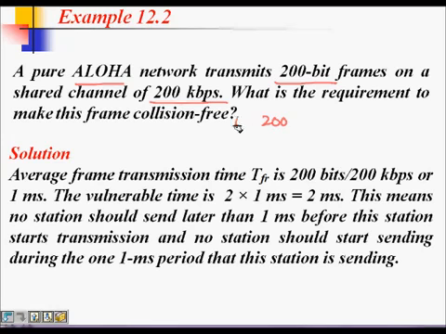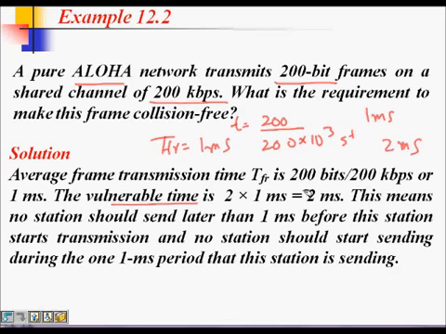So what will be the time taken for bit transmission? 200 into 10 to the power of 3 bits per second, okay. So it will be 1 millisecond. So TFR is 1 millisecond, and your vulnerable time will be twice that, so 2 milliseconds.